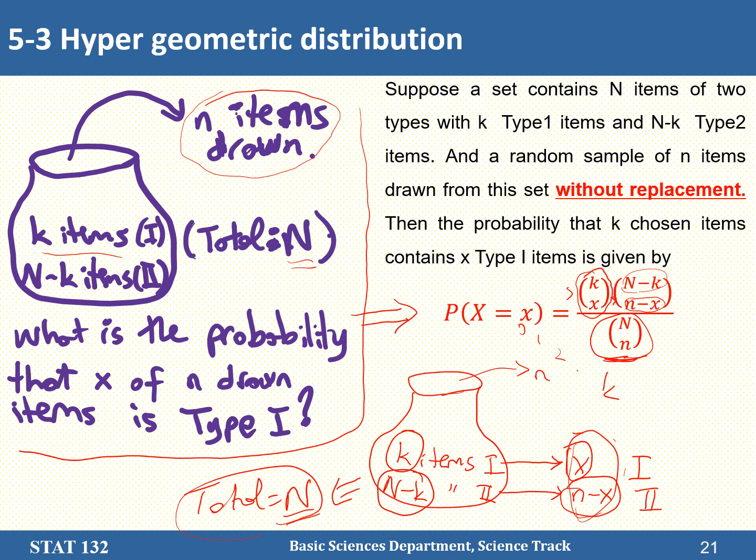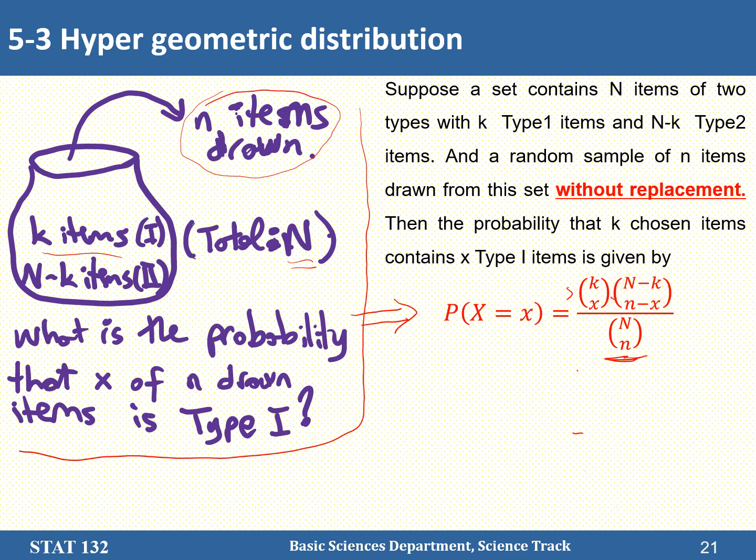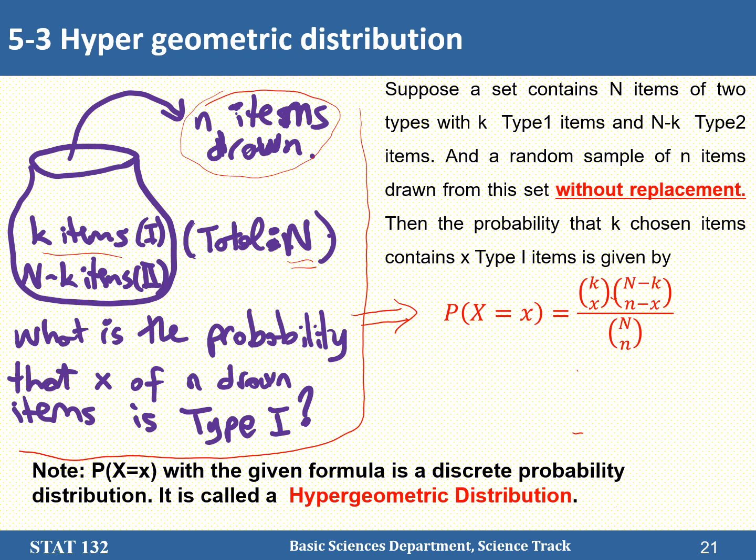So this makes a probability distribution function for 0 to k. Now we call this the hypergeometric distribution. So in this type of question, you can use that formula directly. The distribution corresponding to this random variable is called the hypergeometric distribution.